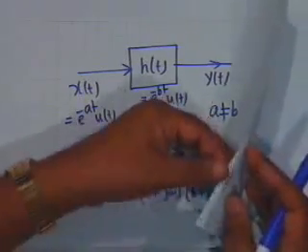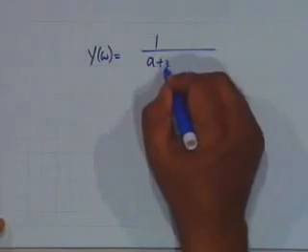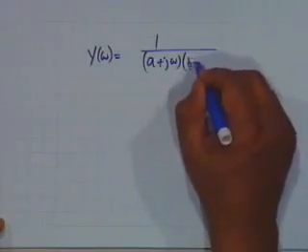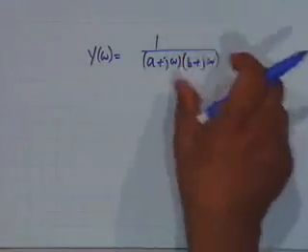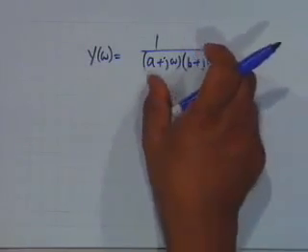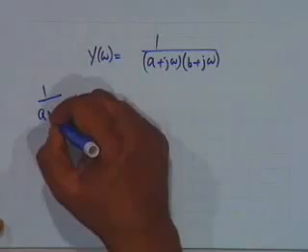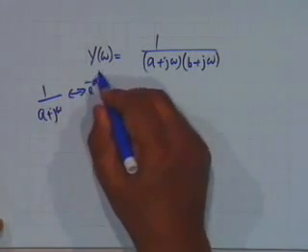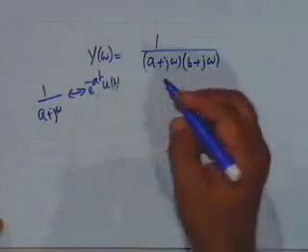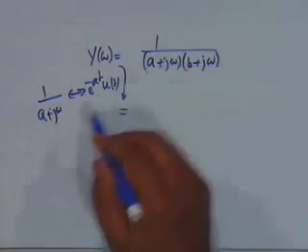So to take the Fourier inverse of capital Y of omega, capital Y of omega is equal to 1 over a plus j omega times b plus j omega. In the tables, inversion of such a function is not given, but of course the inversion of a function of the form 1 over a plus j omega is given. This is simply e to the minus at u of t. So what we do is, we try to write this function in this form.